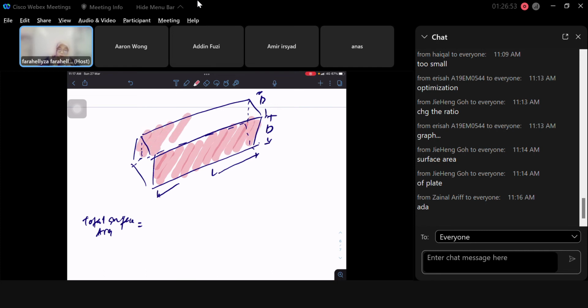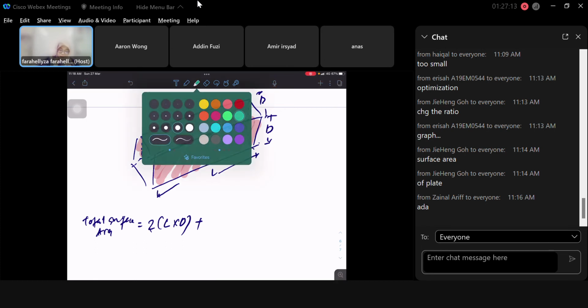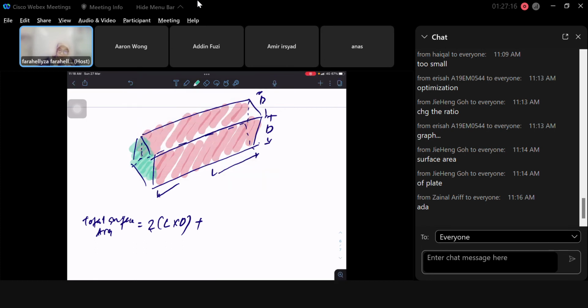And you have two plates of this, so basically L times D times 2, or maybe I can put it 2 L times D. Plus another area here, this part and this part, basically D times B, am I correct? So 2B times D.